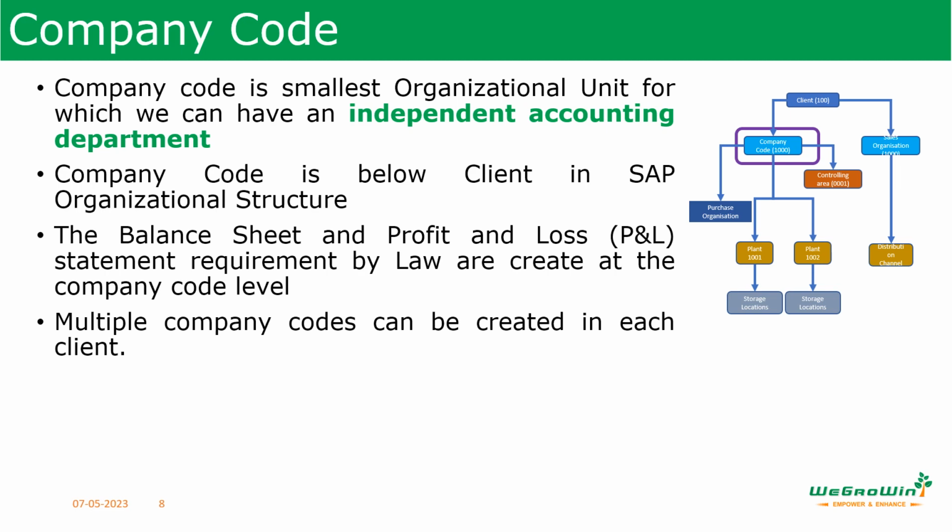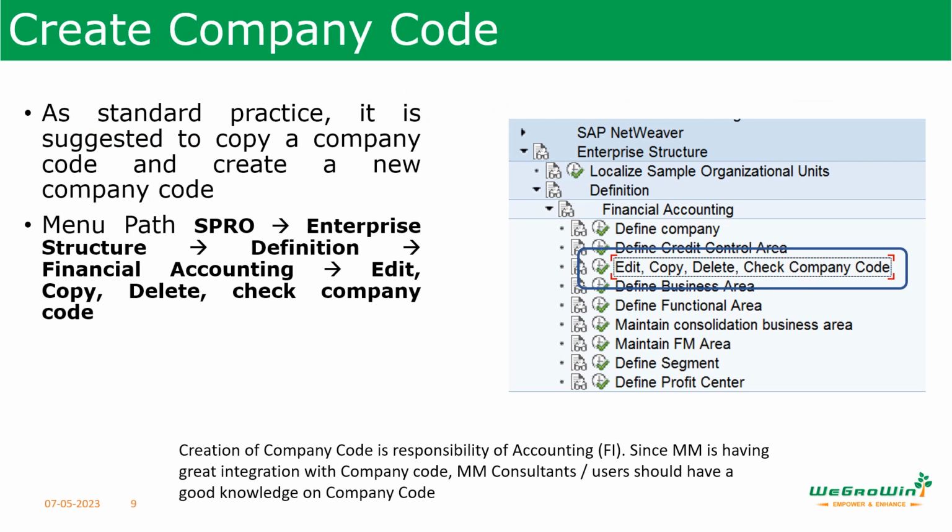Multiple company codes can be created in each client. Company code is usually part of the configuration of financials, that is, the financial team. But material management consultants and users need to understand the financial integration with MM, so the company code's integration with the MM organization structure is very important.